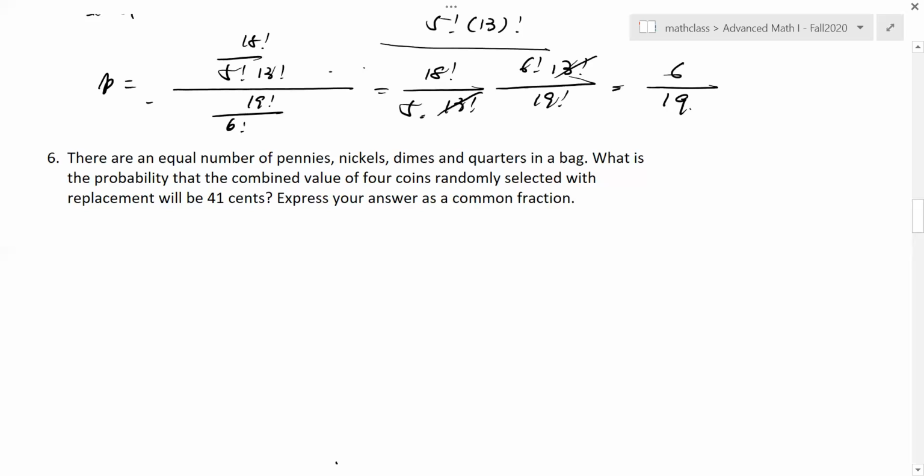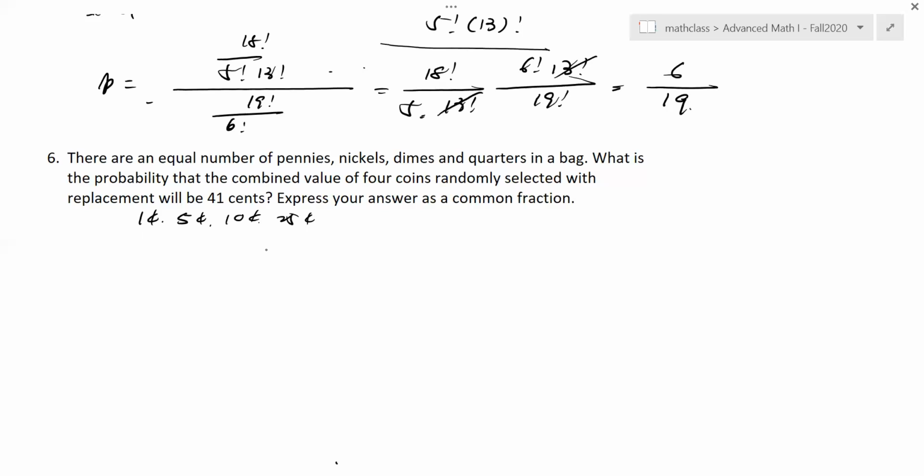The choice for a number is going to be, this is the point, 1 cent, 5 cents, 10 cents, 25 cents: penny, nickel, dime, quarter. And you're going to randomly pick 4 numbers.